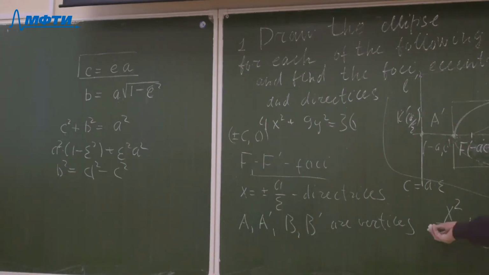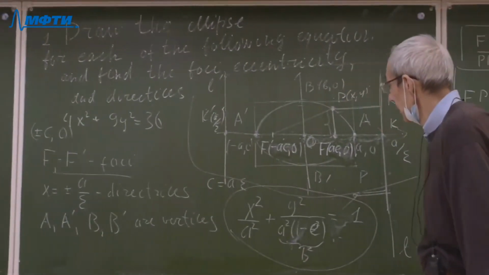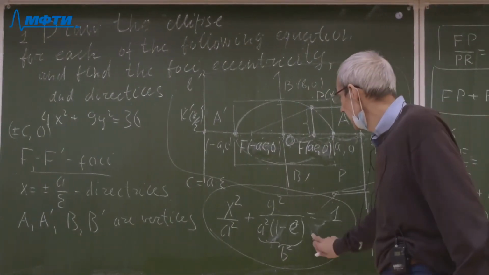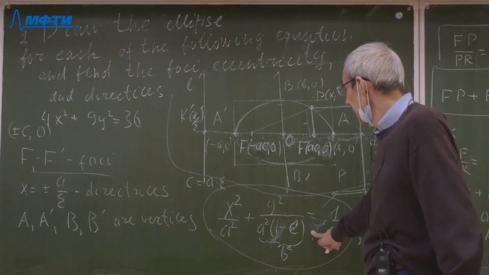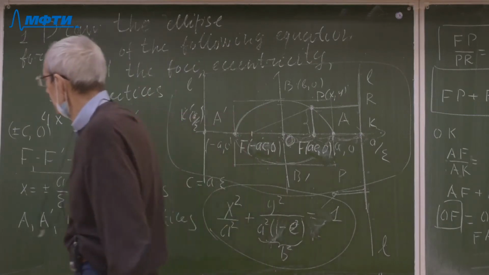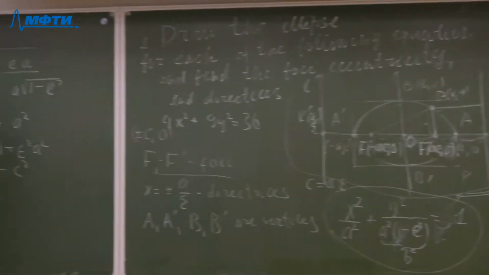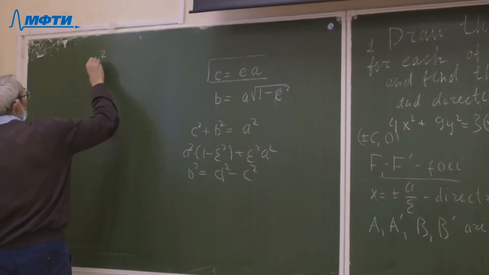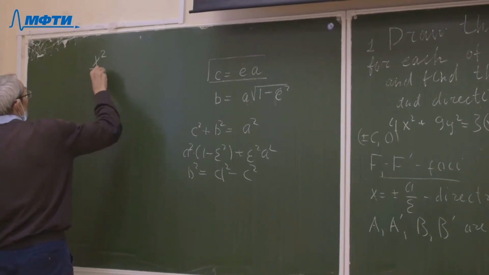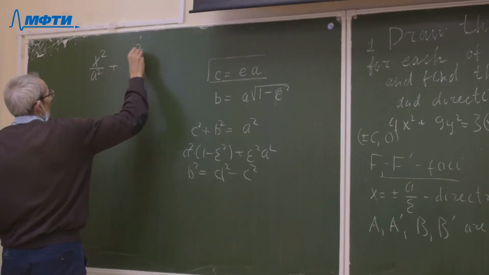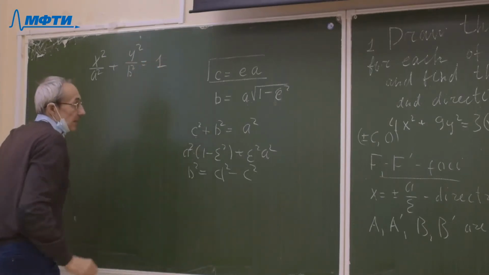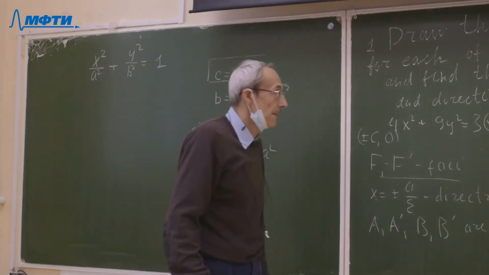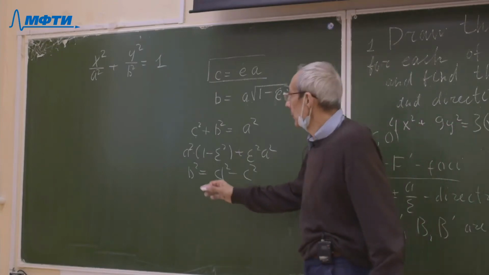We deduce the equation defined by our locus, our curve, the equation of the ellipse: x squared over a squared plus y squared over b squared is equal to 1.